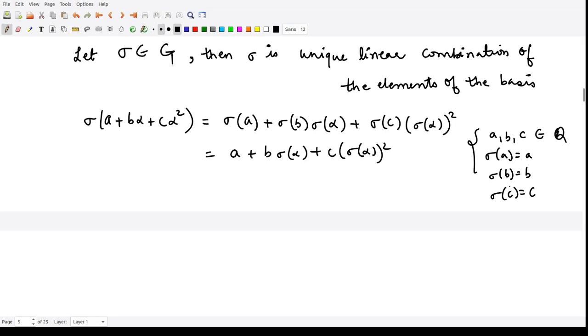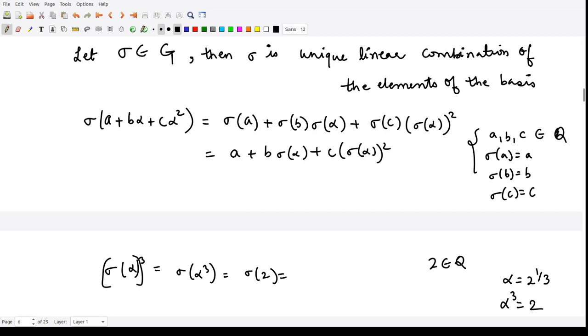Okay. So what would be sigma of alpha cube? And what is alpha cube? Your alpha was 2 to the power 1 by 3, so alpha cube would be equal to 2. So it would be equal to sigma of 2. And what is sigma of 2? Because 2 belongs to this Q, that means sigma of 2 would be equal to 2.